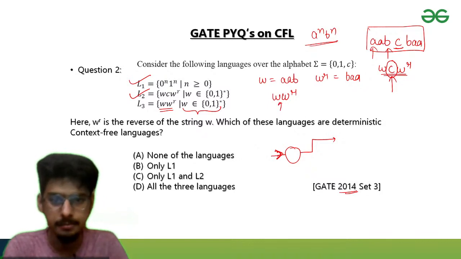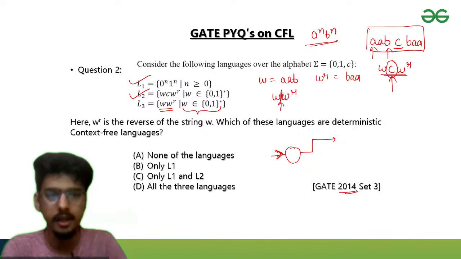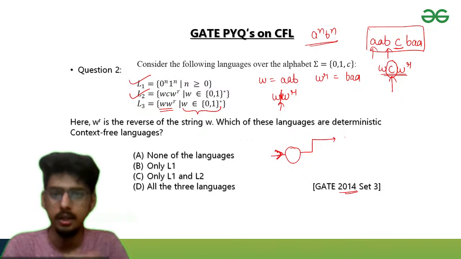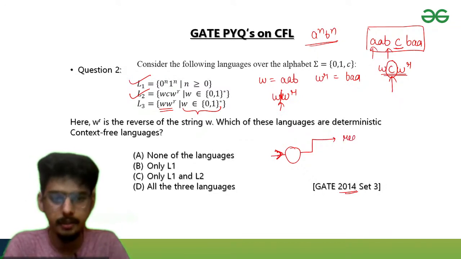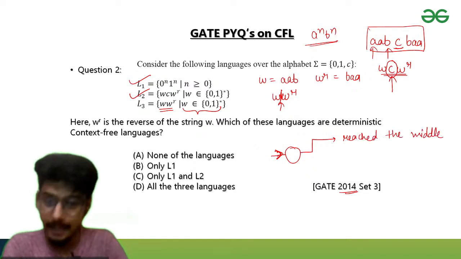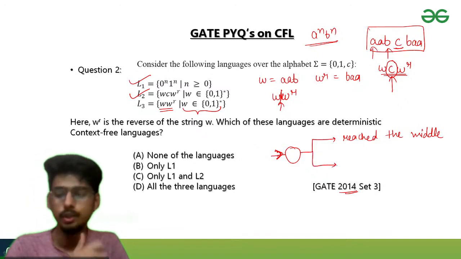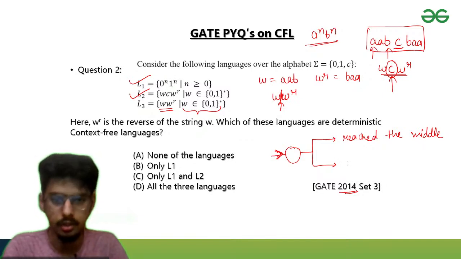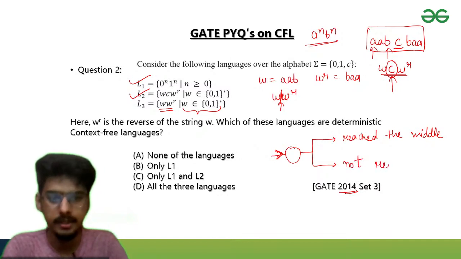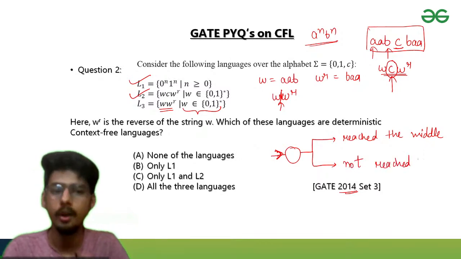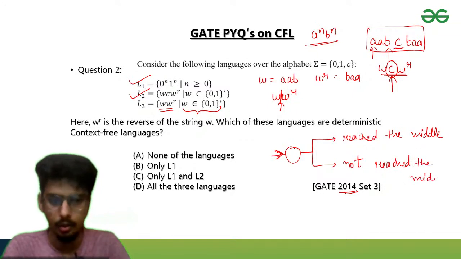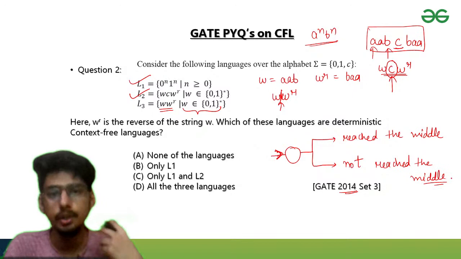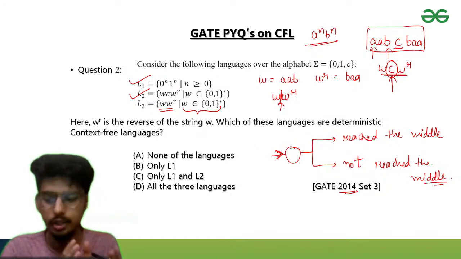And the second path will be when you assume that you have not reached the middle right now, so you will keep on pushing the elements of W. Therefore you will have a non-deterministic PDA because you have two paths.